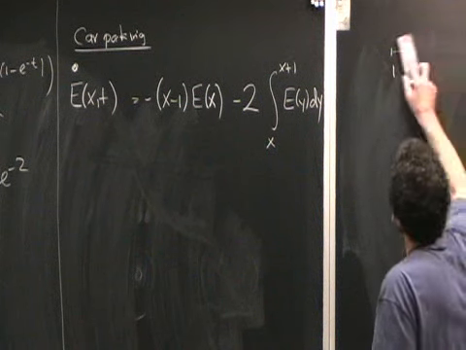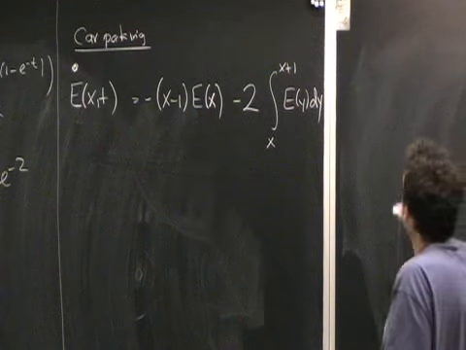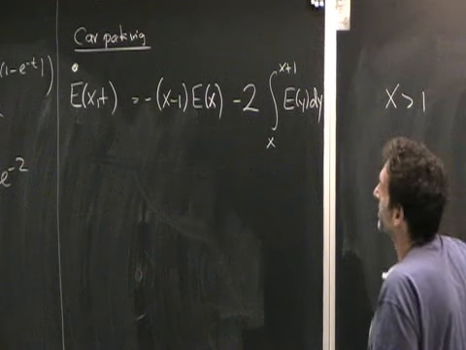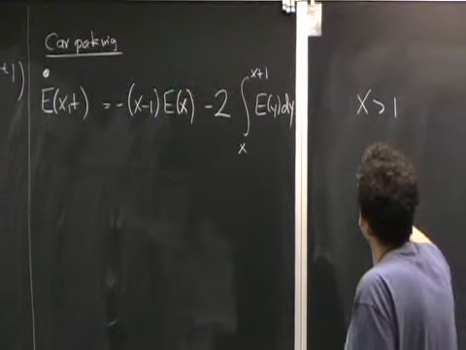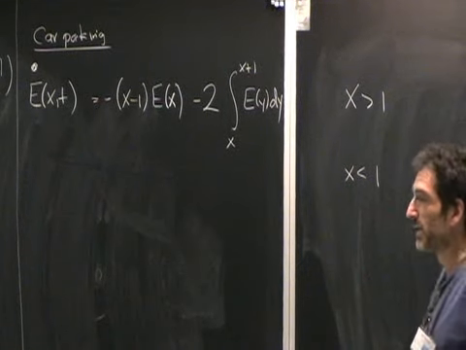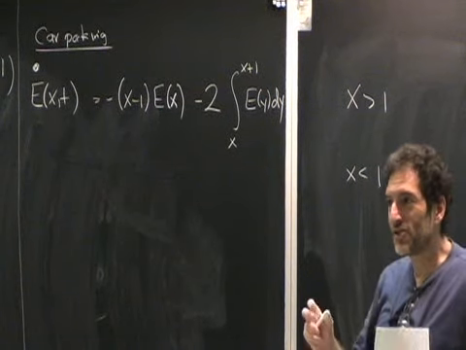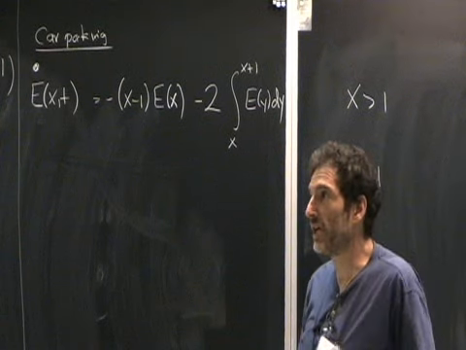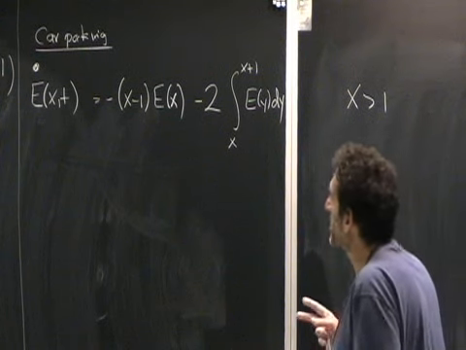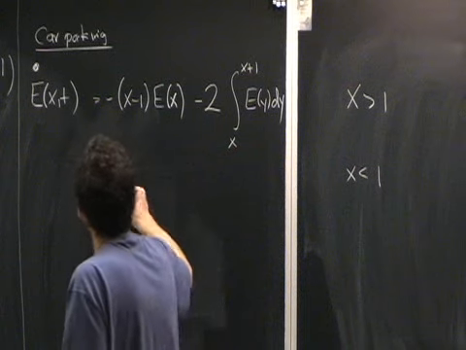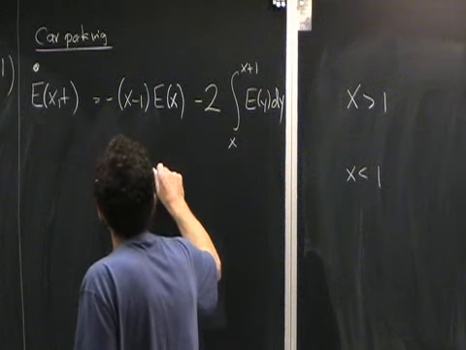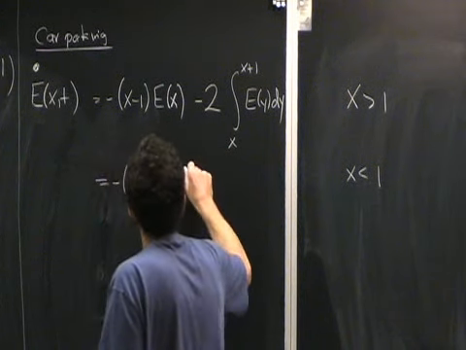The thing is that I've implicitly assumed in writing this equation that x is larger than 1. And there's another equation for when x is less than 1. So when x is less than 1, how does an interval of size less than 1 change? Again, because it's the empty interval probability, let me write down the first term, and I hope it's clear what happens.